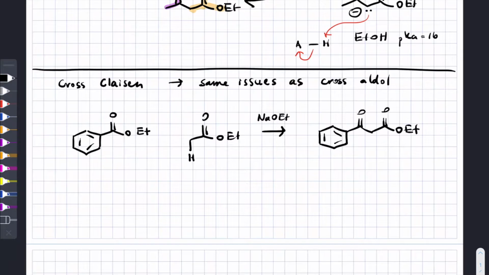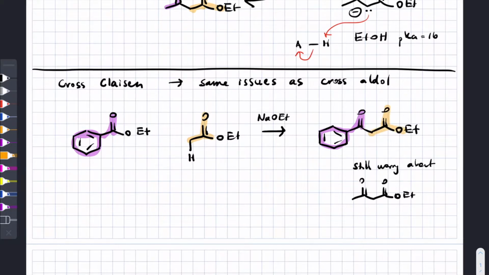I will point out, though, that you would still worry about the self-Claisen of your ester that does have alpha protons. And so I'm not sure how well this works, but we're going to pretend like it does.